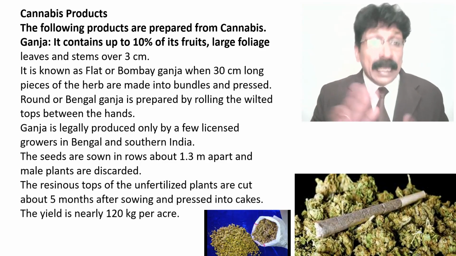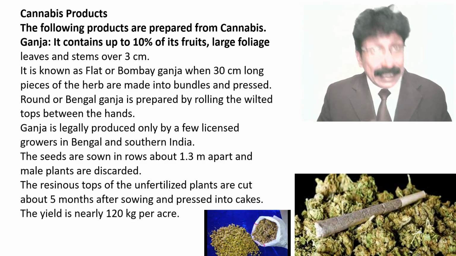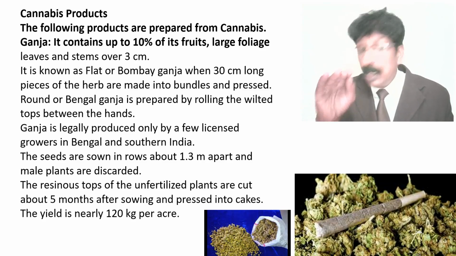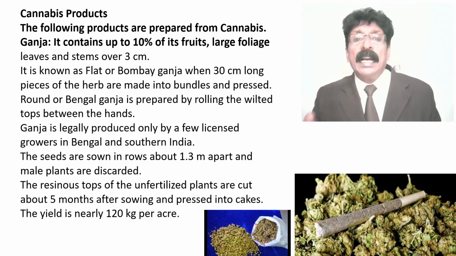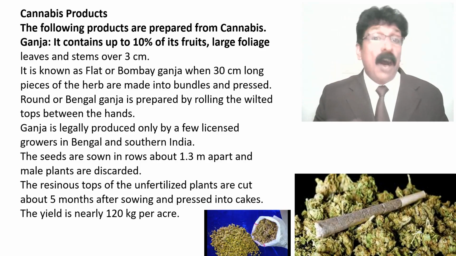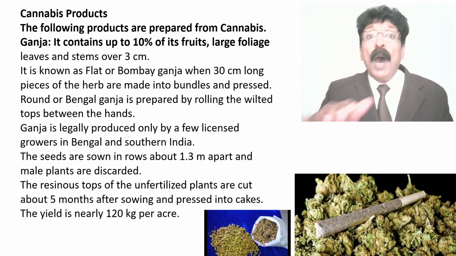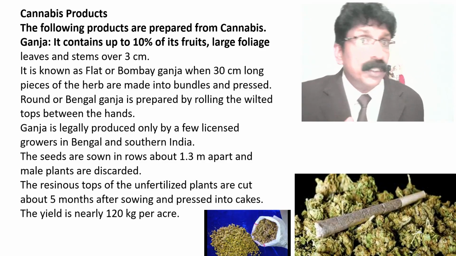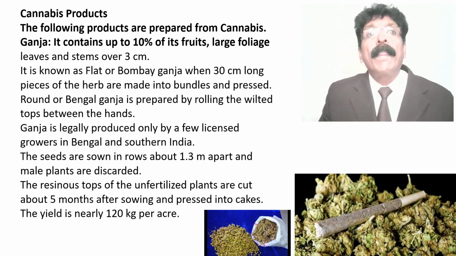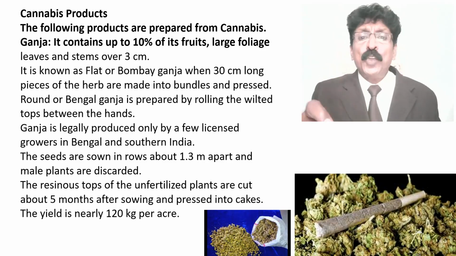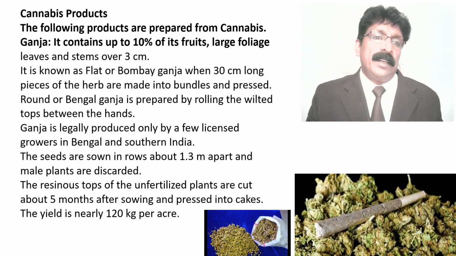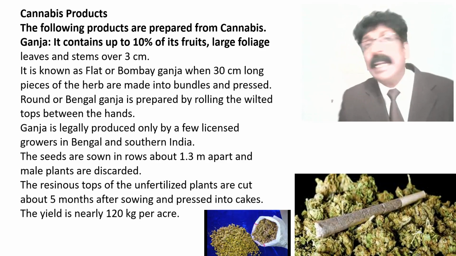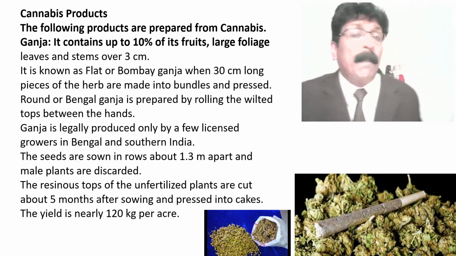The resinous tops of the unfertilized plant are cut about 5 months after sowing and pressed into cakes. The yield is nearly 120 kilograms per acre.